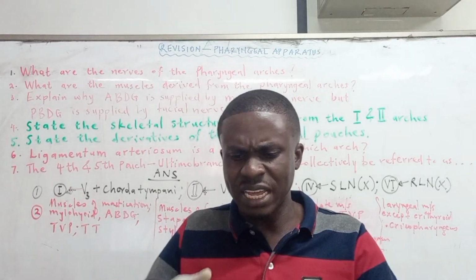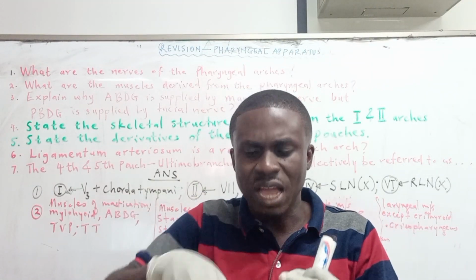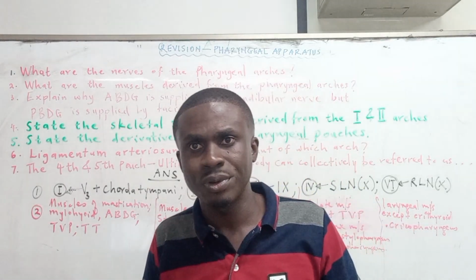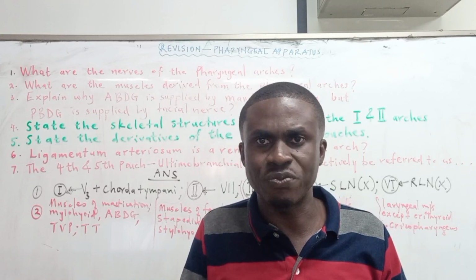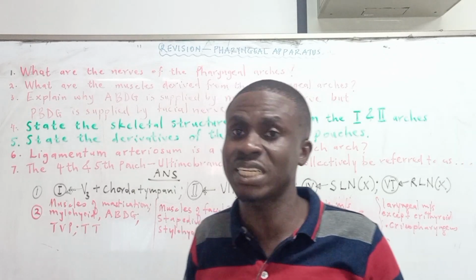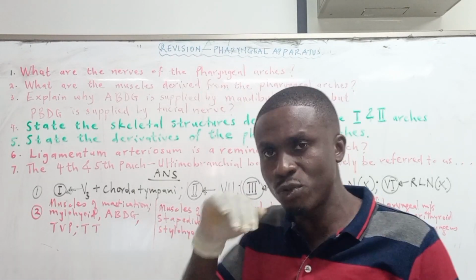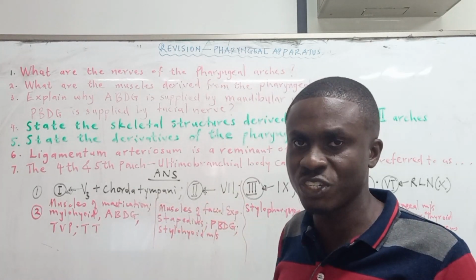The endoderm will be surrounding the intervening mesoderm, forming its core. Around the 20th week of intrauterine life, the mesoderm is converted to give rise to the lymphatic nodules in there. But I'm looking at the epithelial lining, then think about the second pharyngeal pouch.